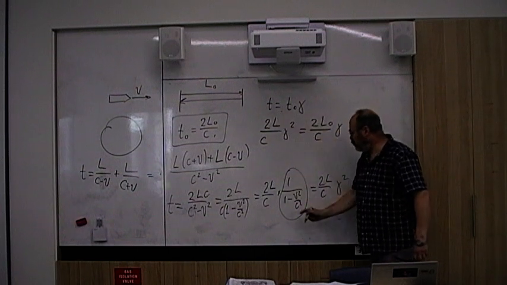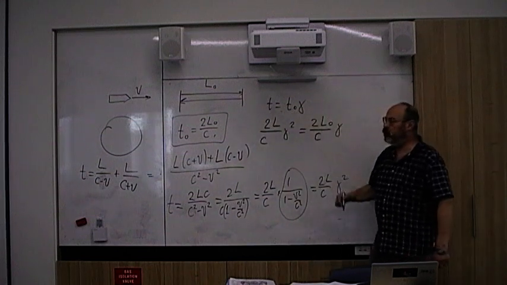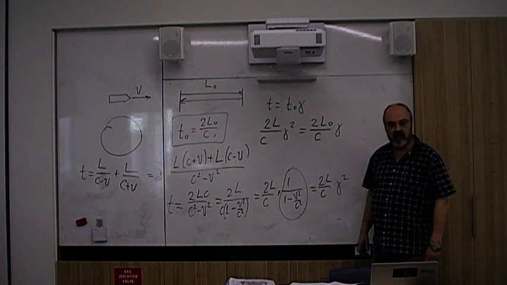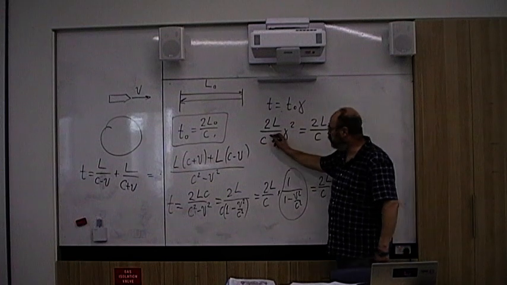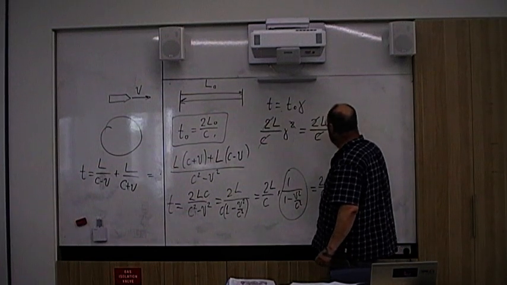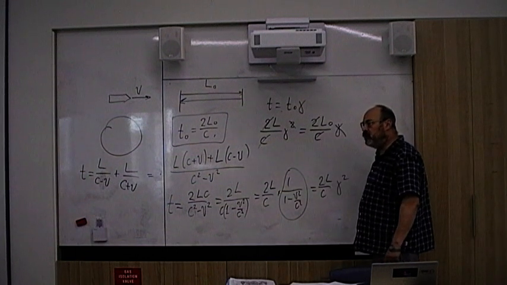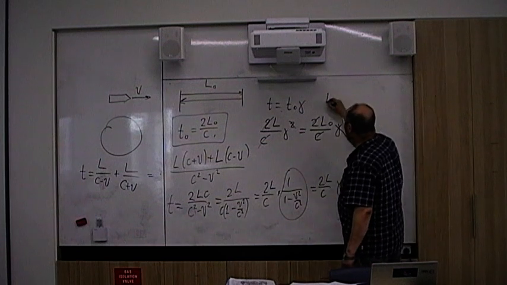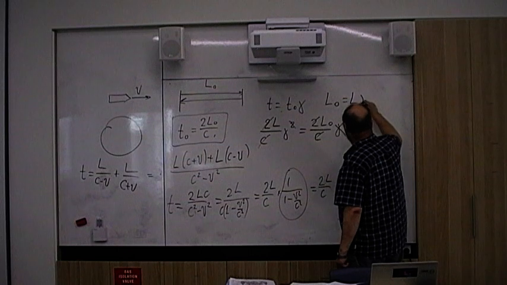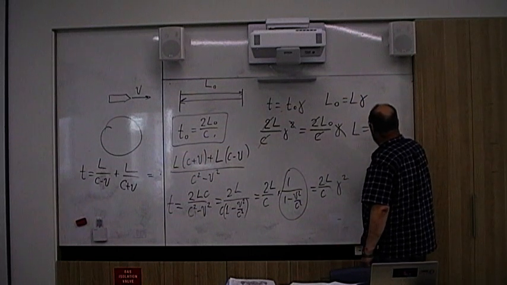I substituted T and T0 into the formula for time dilation. Now let's cancel. What can be cancelled? Speed of light cancels, 2 cancels, and one gamma cancels. And we get the relation between the two lengths: L0 equals L gamma. Or rearranging, L equals L0 divided by gamma.